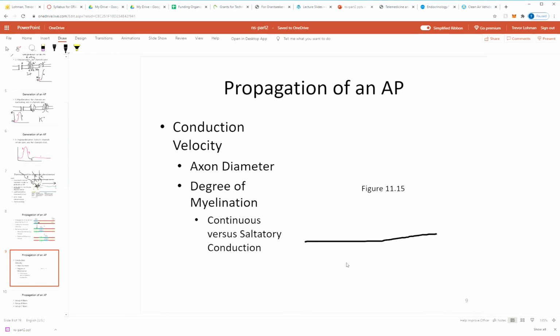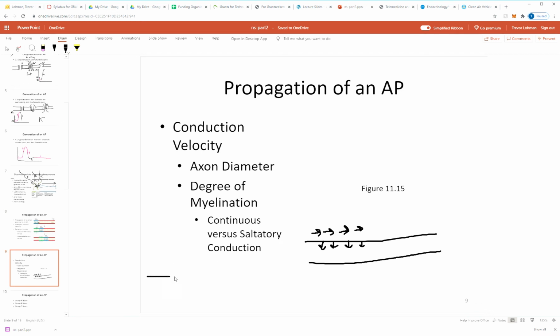So far we've been looking at non-myelinated axons when we've been drawing our receptors. The action potential has to stimulate each new patch of membrane. So each one of these is a brand new action potential. We get new sodium influx at each point of the membrane. That takes time. That's called continuous conduction.